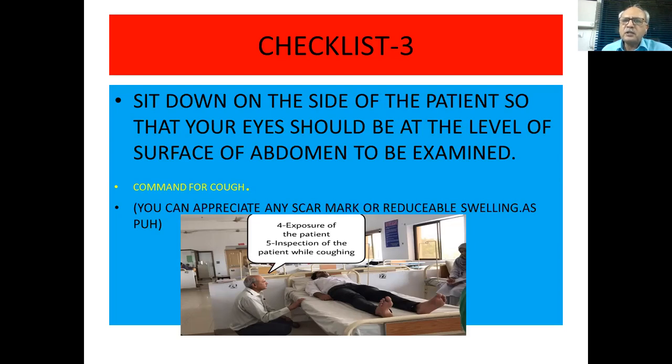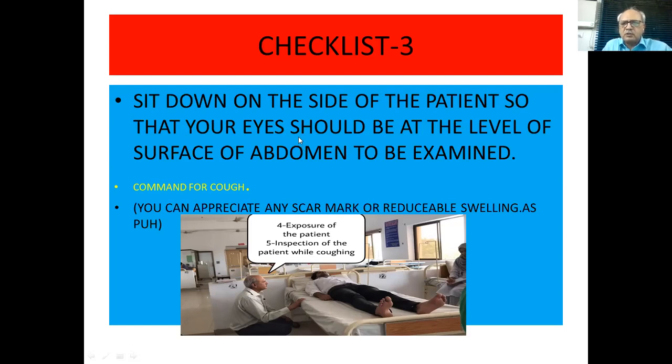In checklist 3, as you can see, you will sit on the right side of your patient in this way that your eyes should be at the level of surface of abdomen to be examined.